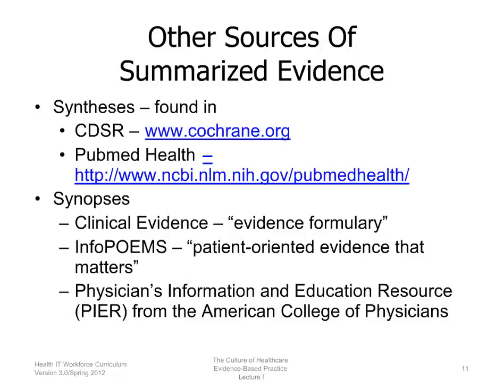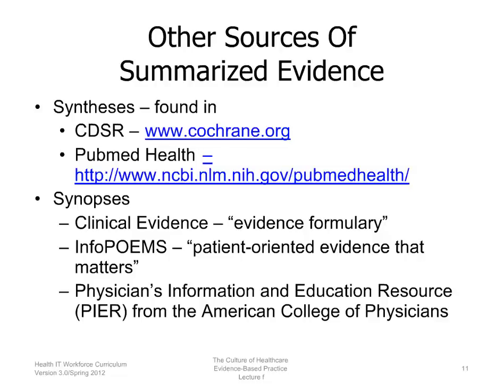There are many other sources of syntheses and synopses available. Another source of syntheses, in addition to the Cochrane database of systematic reviews, is PubMed Health from the National Library of Medicine. There are also many sources of synopses. One of these is the publication Clinical Evidence, which bills itself as an evidence formulary.